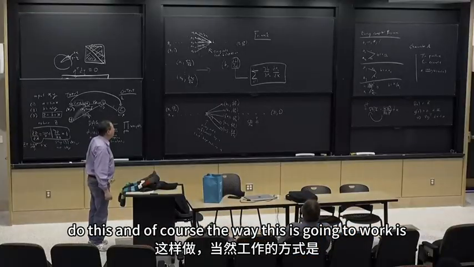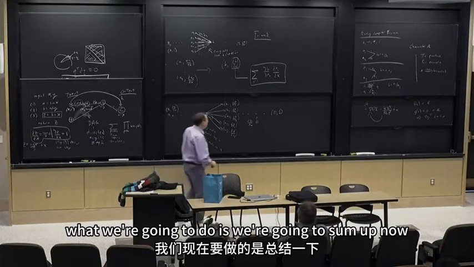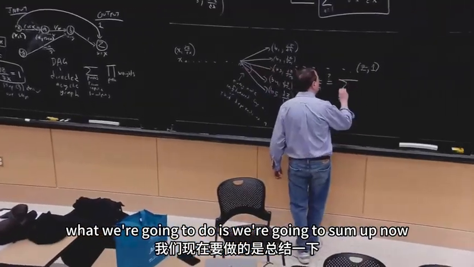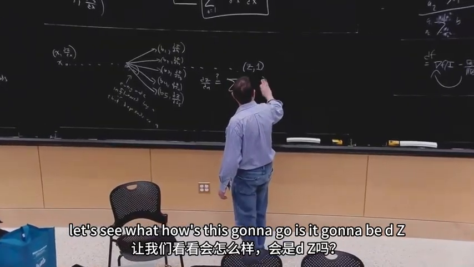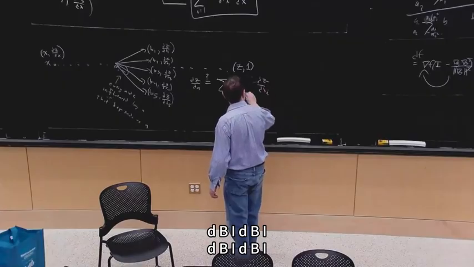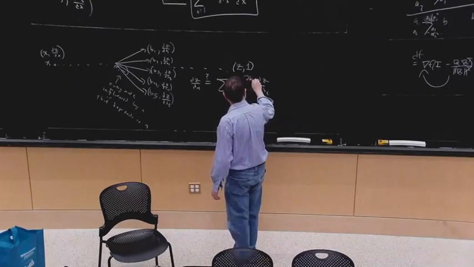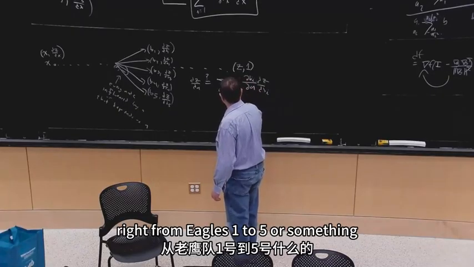And of course, the way this is going to work is we're going to sum up. Now, let's see, how's this going to go? Is it going to be dz dbi dbi dA, from i equals 1 to 5 or something.